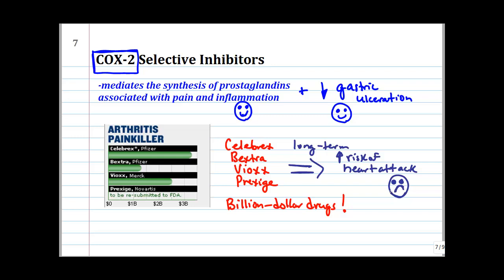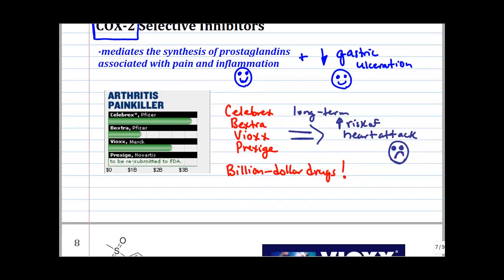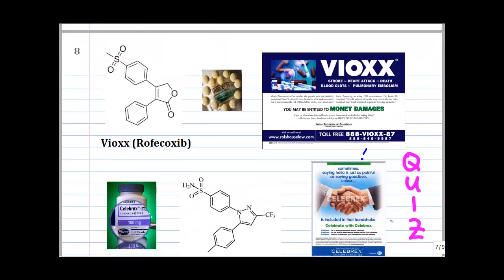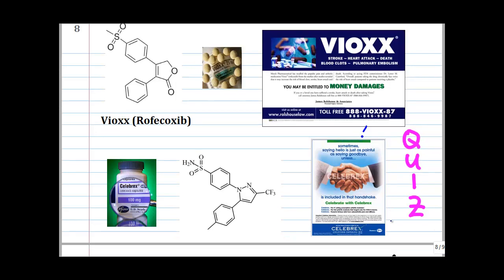But over time, some of these COX-2 selective inhibitors have been shown clearly to increase the risk of heart attack. And you know what happens when that comes along? The lawyers get involved. So here's kind of, you may be entitled to money damages. It's Vioxx.